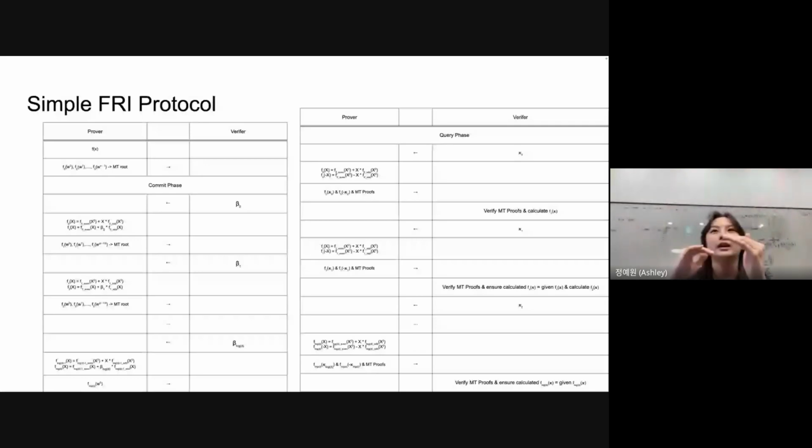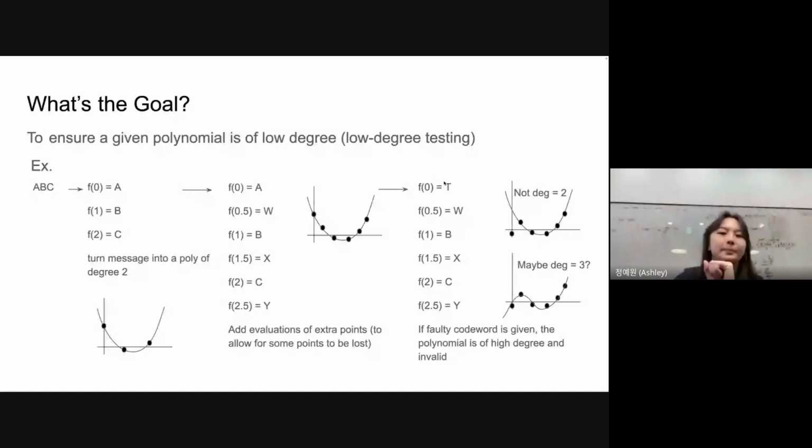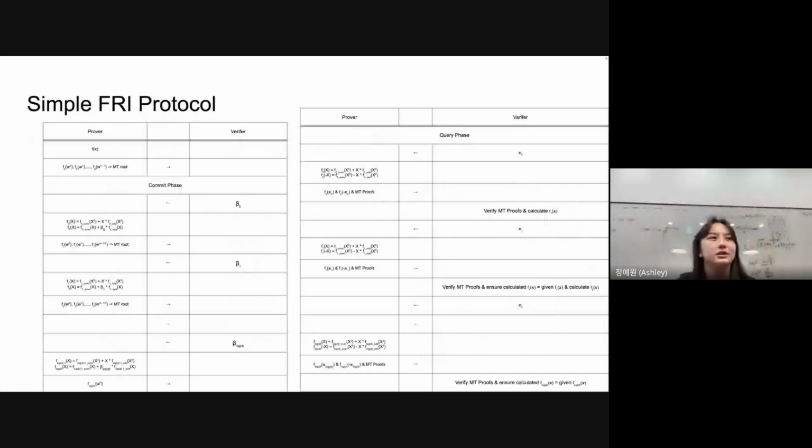The reason why our Fri protocol does low degree testing is the same as what I explained here. If a verifier finds a certain value is wrong, it means the polynomial is of high degree. In the same sense, if a verifier finds that one of these evaluations is wrong, it means the polynomial is of high degree. So it's just the verification process that ensures it's low degree.